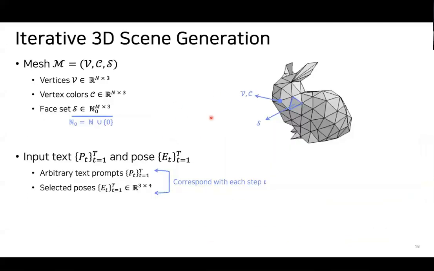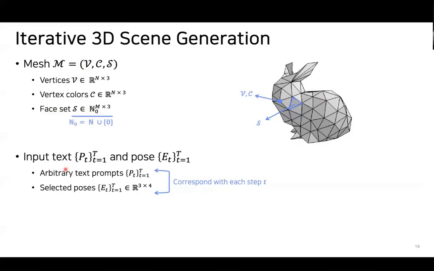Before diving into specific details, I would like to organize the notation. The 3D mesh consists of vertices, vertex colors, and faces. Each mesh vertex also has a color. And this N0 notation means the union of the natural numbers and zero.